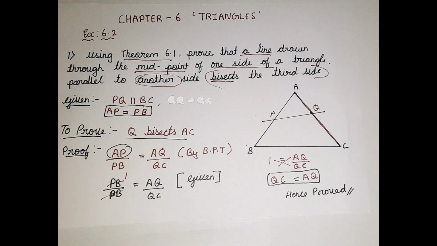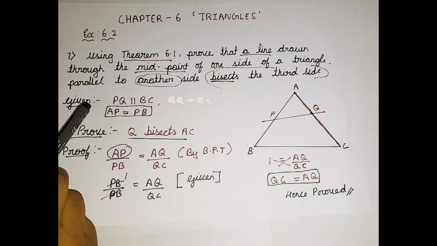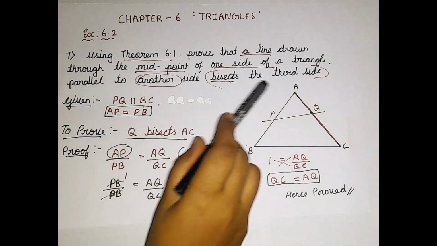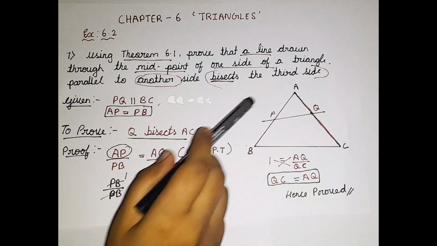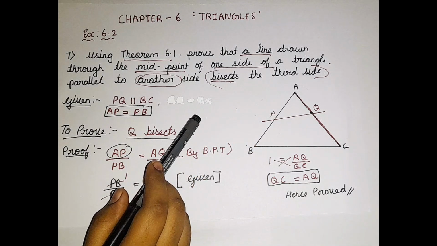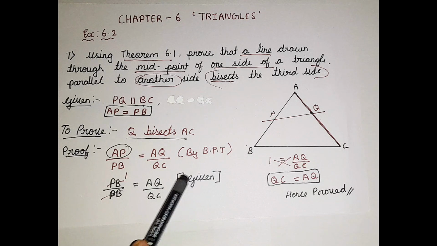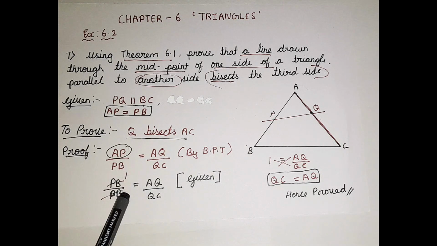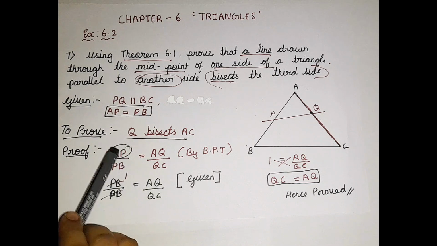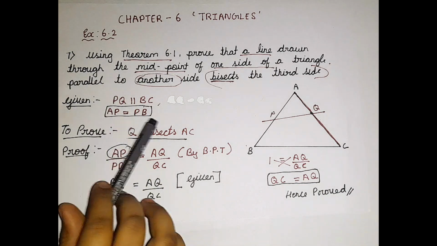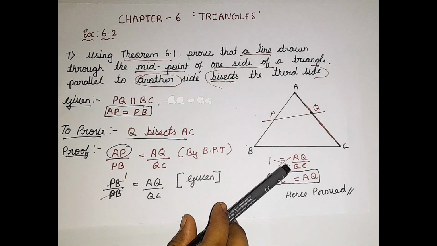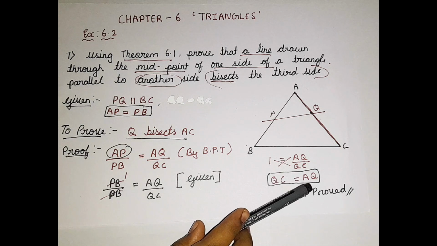In the last line we had a clue what we are supposed to prove, and then we used the basic proportionality theorem and substituted the value. Instead of AP I wrote PB because it is given in the question, and then cross multiplied. Now I got QC is equal to AQ.